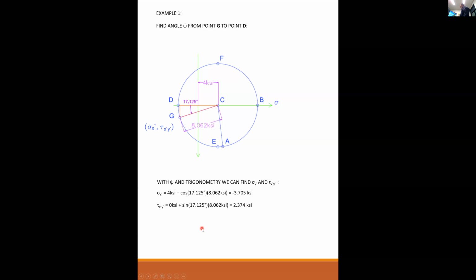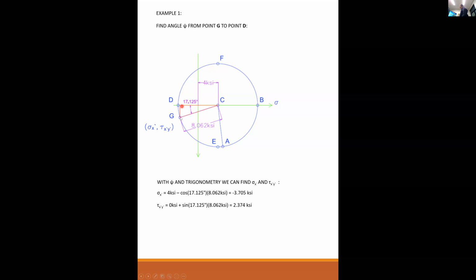And likewise, tau x prime y prime is the sine of, and I don't need to subtract anything out because I'm going right from the horizontal axis where tau is equal to 0. So it's 0 plus the sine of 17 and an eighth degrees times 8.062 KSI, which gives me 2.374 KSI. That's the vertical distance here.